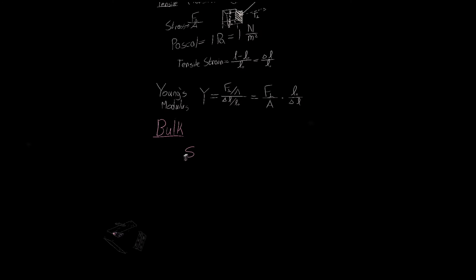Bulk stress is defined in the same way. It's just acting in the opposite direction. We call that pressure, P for pressure. You know, there's another P over here with Pascal, but this is P for pressure. It's a lowercase p, and it's F perpendicular over the area, again, but it's acting in the opposite direction.